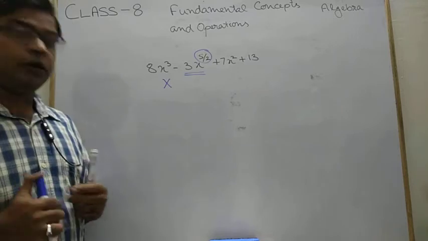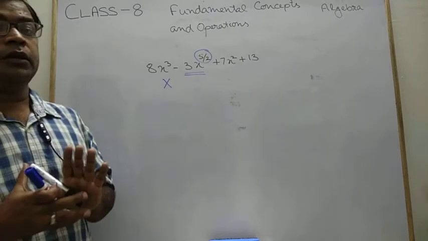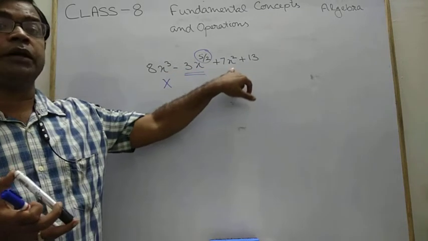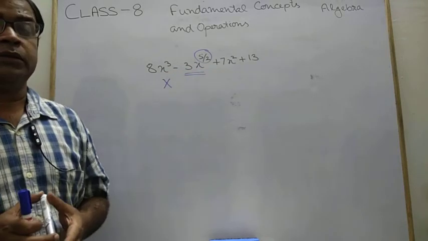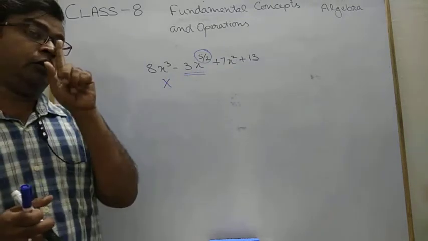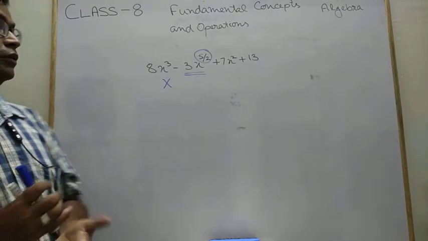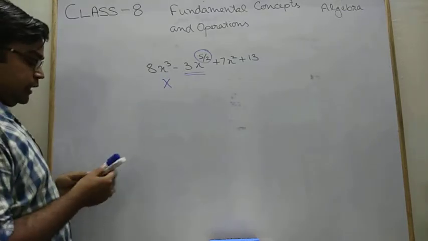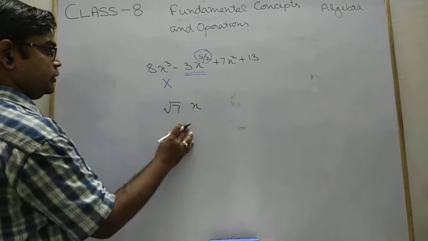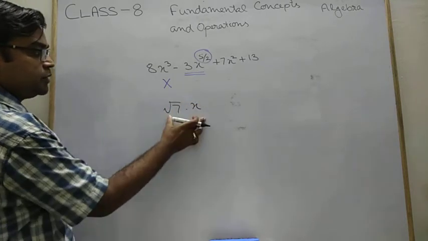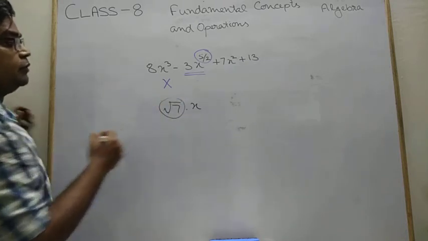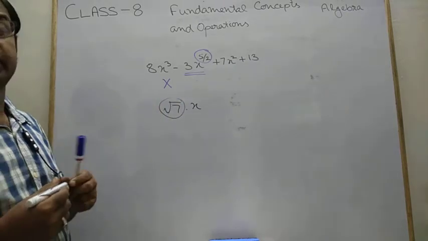Always remember that we are discussing only the exponent part of the variable, not the number part. The number part may be a fraction, that doesn't matter, but the variable's exponent must be a non-negative integer. If we choose root 7 x into x, this is an expression, and it is a polynomial, because root 7 is not considered by the definition.